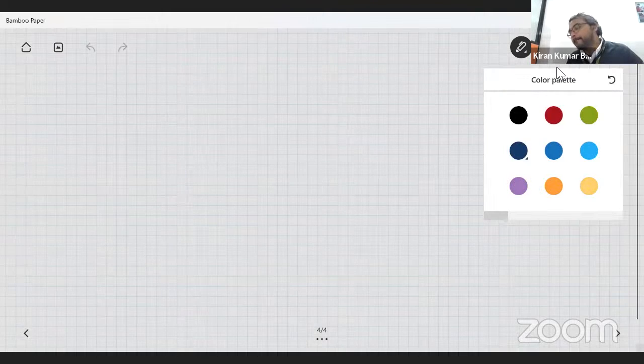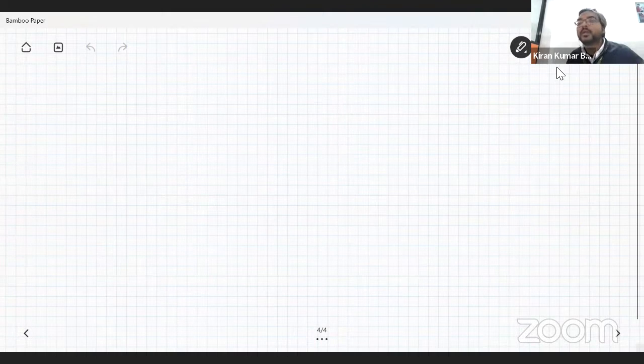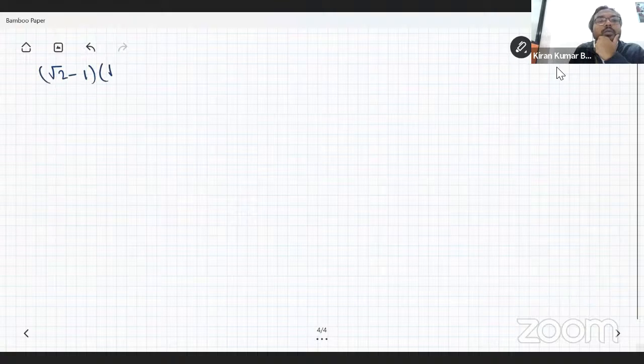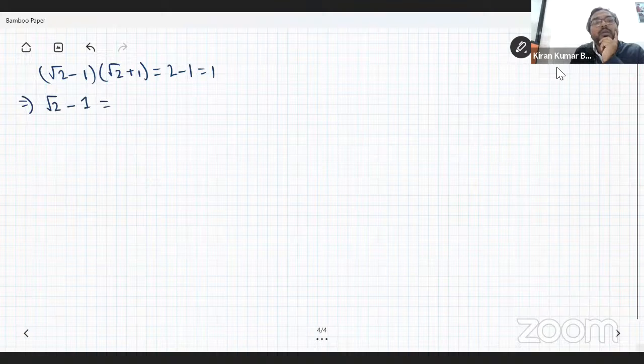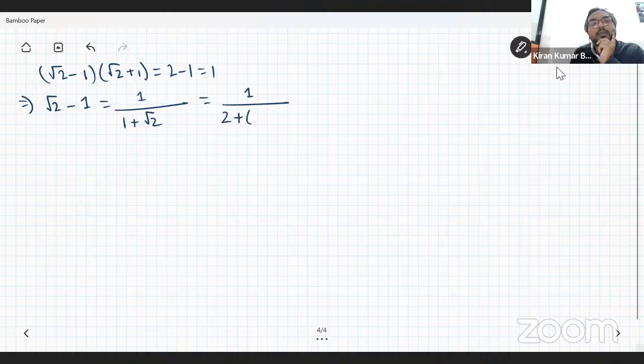So let us take another example. Again, a very interesting one, a concrete case. I start with (√2 - 1)(√2 + 1), which is a squared minus b squared: 2 - 1 is 1. This implies √2 - 1 is 1 over 1 plus √2, and this is 1 over 2 plus (√2 - 1).